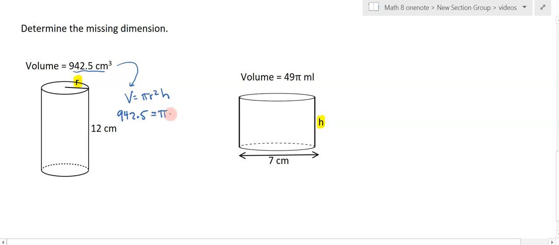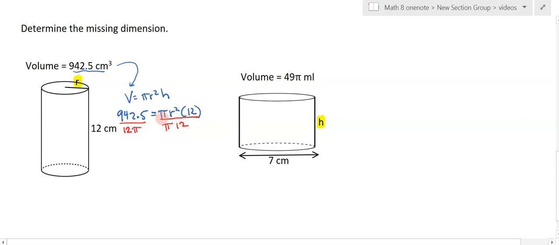Pi times r, which I don't know, multiplied by h. Now I want to solve for r, so we need to undo our algebra, working backwards. BEDMAS working backwards: we need to get rid of all addition and subtraction, there is none. Then we get rid of all multiplication and division, so I divide out the pi and the 12 on both sides.